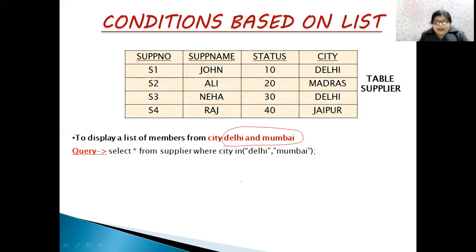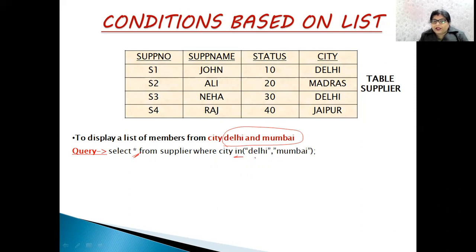It means I have to make a query where they have to find out the city which is in Delhi and Mumbai. We have to make a select star, display a list of members. It means they want all the data, so I am just putting a star here. Select star from supplier where city in. So in is one operator.